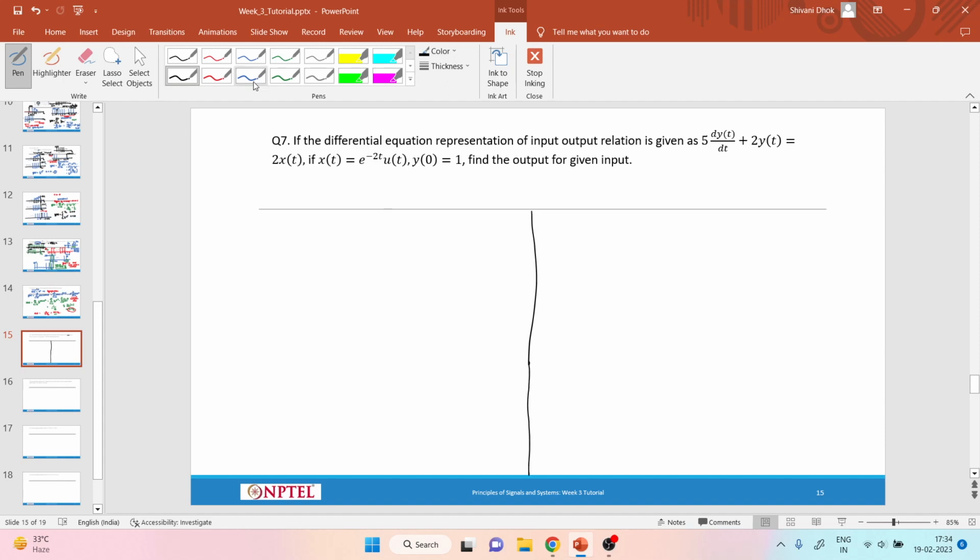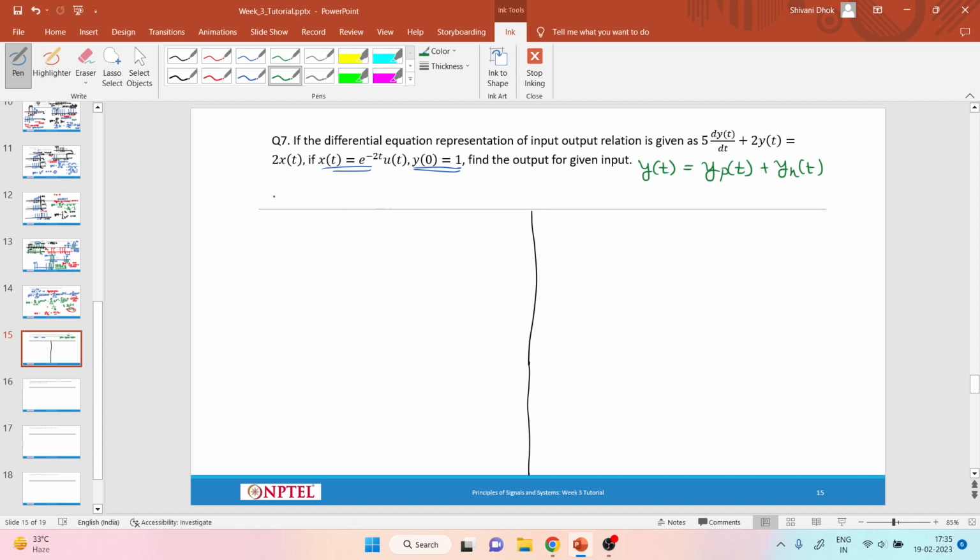We need to find the value of y of t for this given input and this auxiliary condition, that is y of 0 equal to 1. Any output can be written in two components: y p of t, which is your particular solution, and y h of t, which is your homogeneous solution.